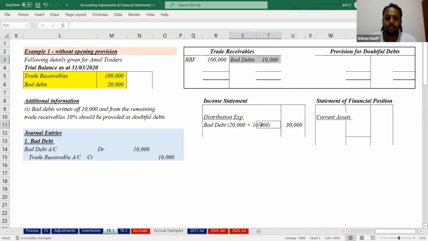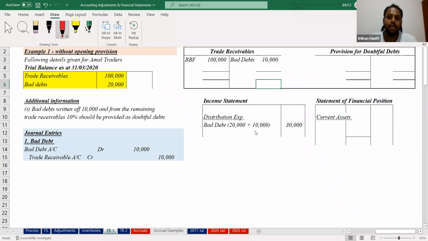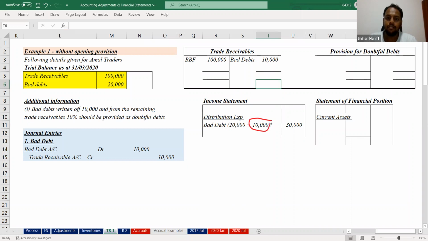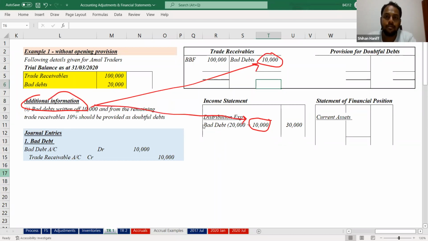Double entry is this: bad debt account debit, debtors account credit. So whatever is in the trial balance and whatever is in the additional information, you have to record in two places. Trade receivable account credit, and bad debt account debit.